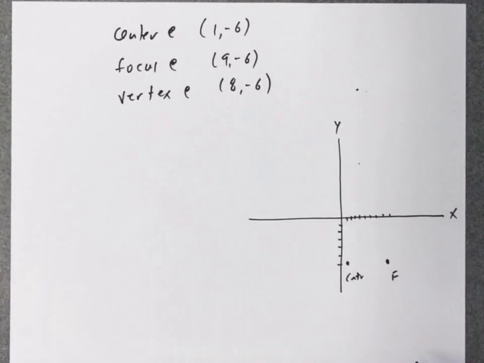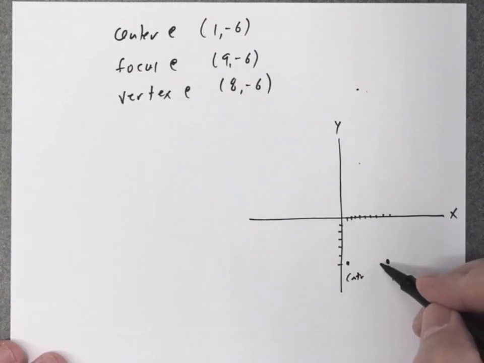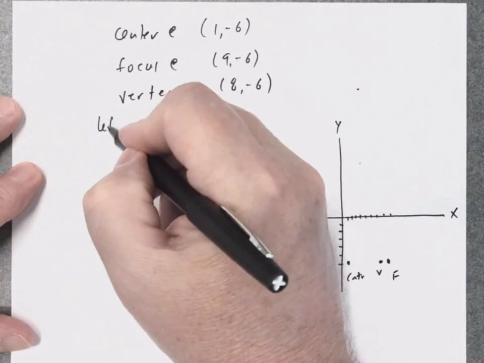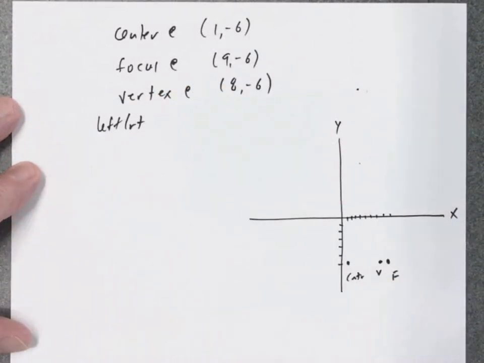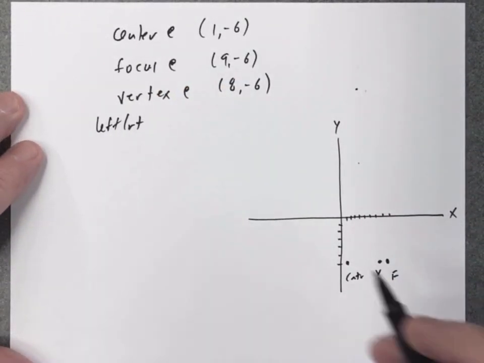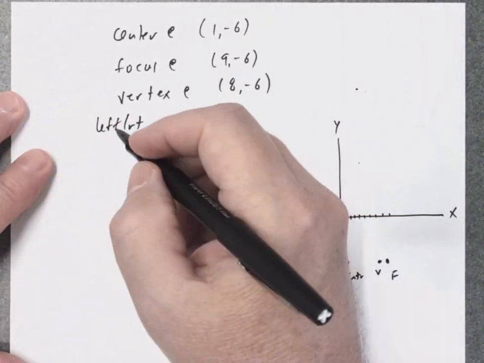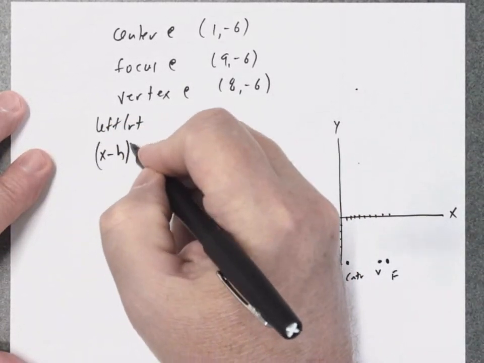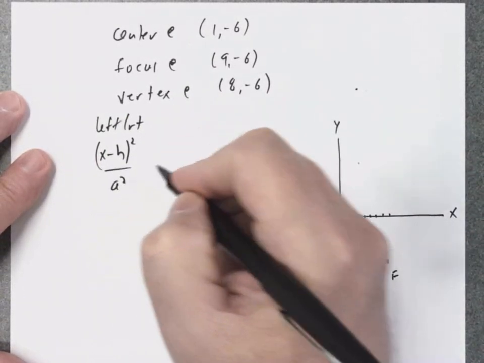And then it gives a vertex of (8, -6), which I guess is probably right about here. So you can see pretty clearly this is going to have to go like this. So this is going to be a left to right hyperbola, which means in the standard equation for a left to right hyperbola, the x term is the positive term. It comes first.